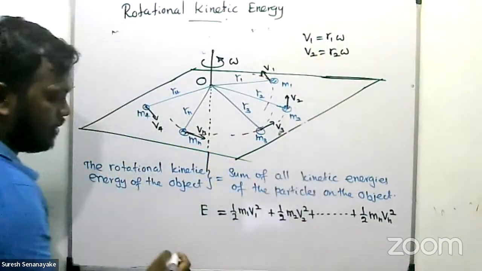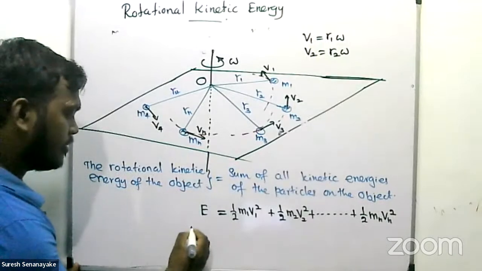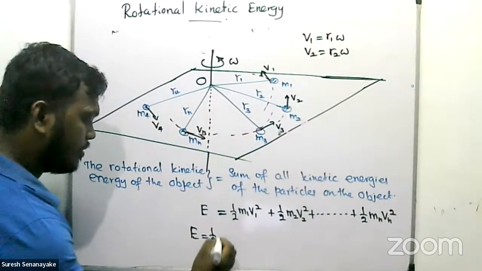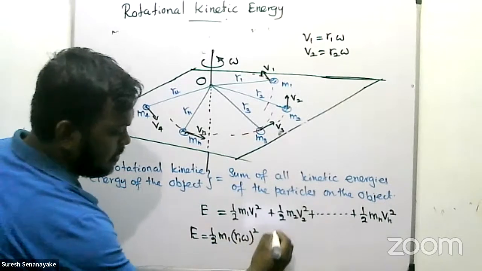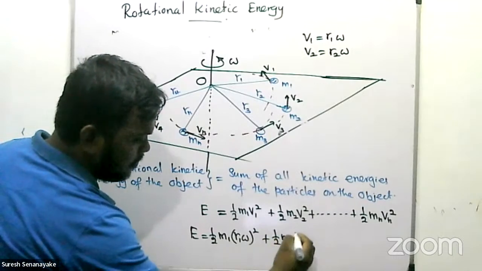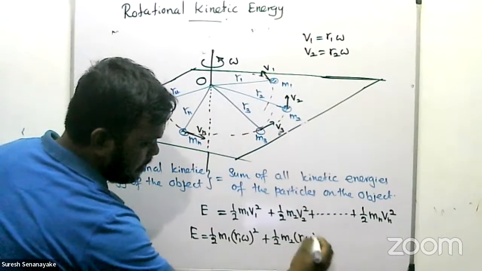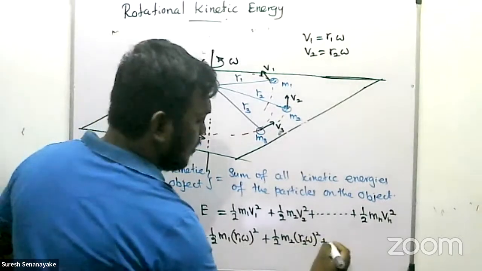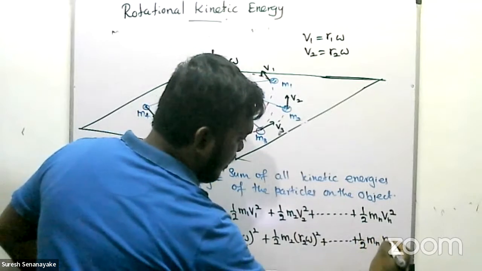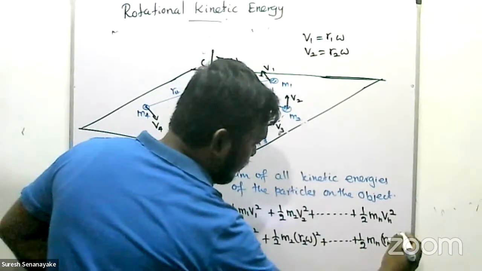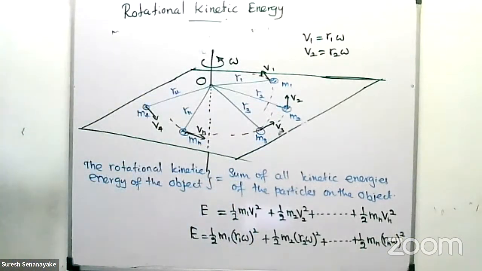So substitute in there: half m1 r1 omega whole square, plus half m2 r2 omega whole square, plus half mn rn omega square. So omega square and half are common for all; you can take those out.